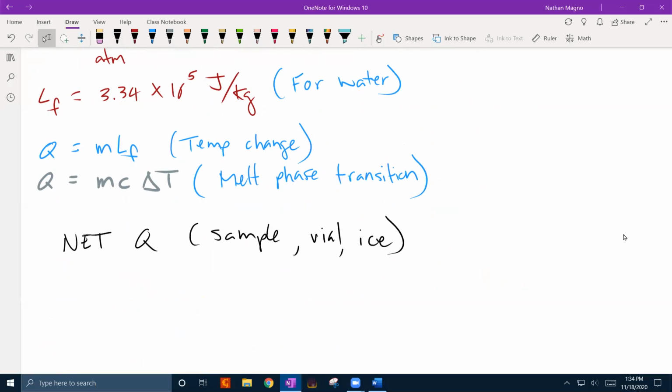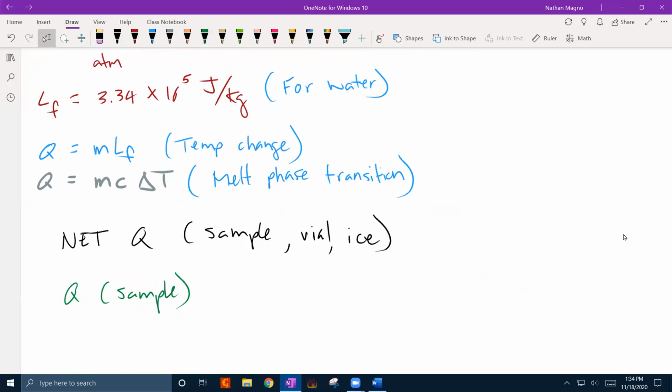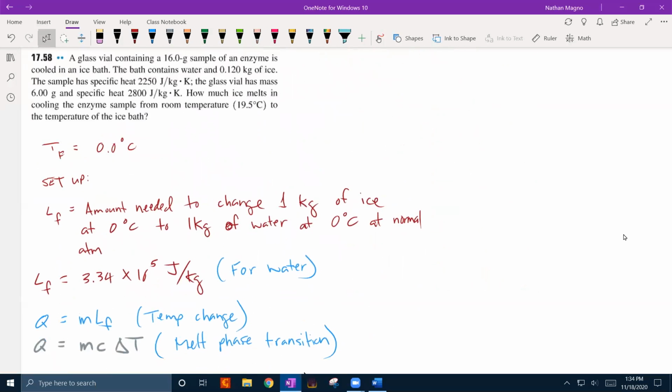Okay, so let's write out the Q. Put sample. So can anybody tell me what equation we would use for that? Okay, so maybe I should show the equation of the problem I need.